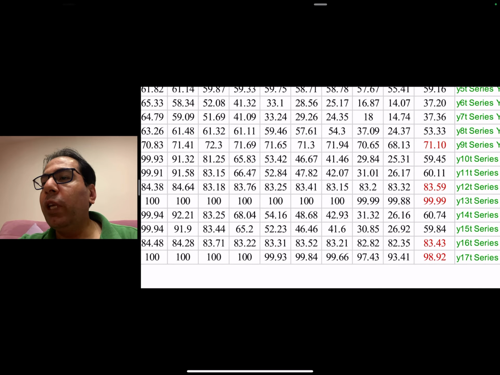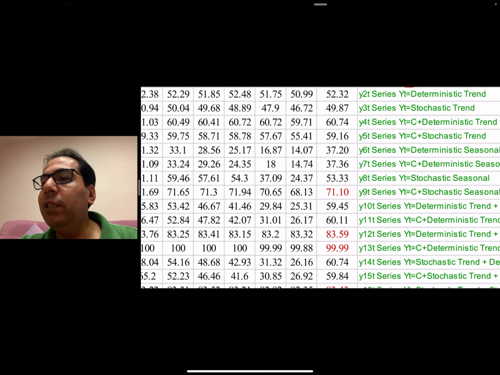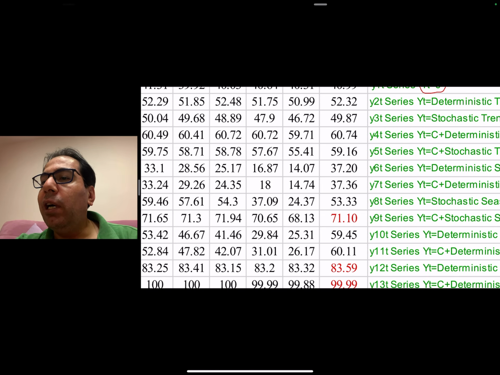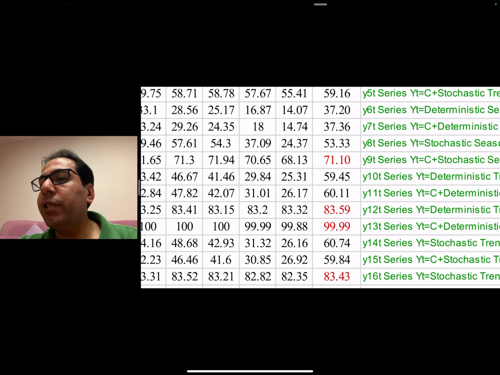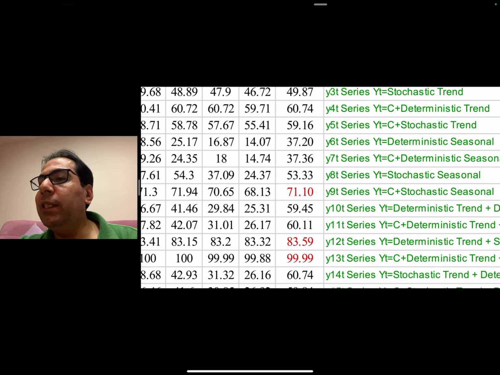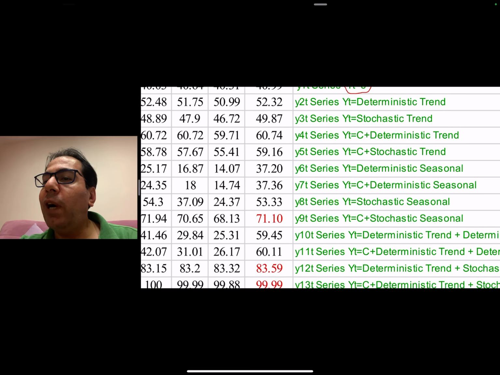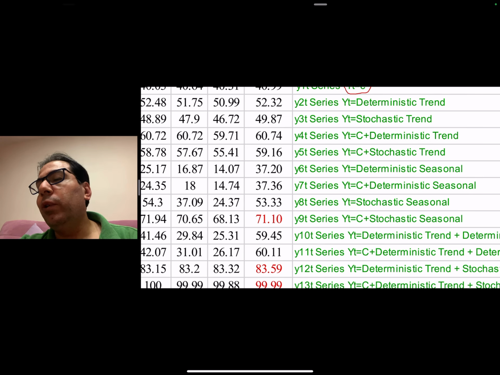of the time series are correctly classified for the first model using the Akaike information criterion. If you keep going to see the red color, those are very successful on average. So let's see why 90 for using the Akaike information criterion.